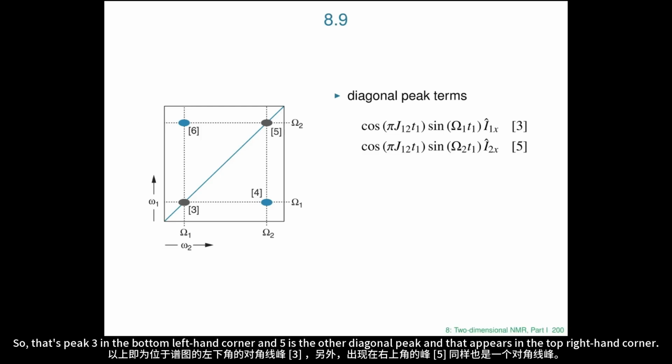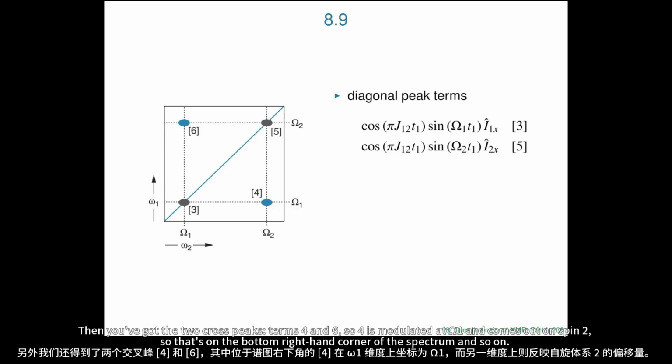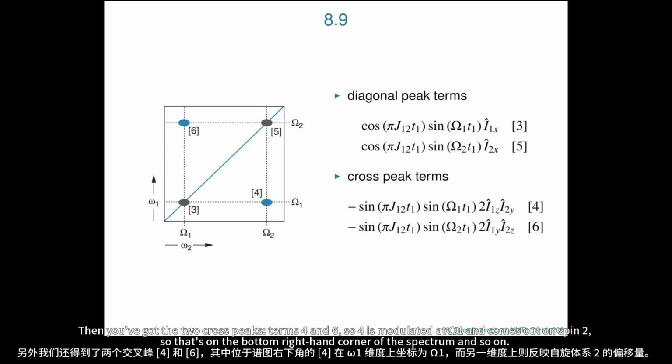So that's peak 3 in the bottom left-hand corner. And 5 is the other diagonal peak, and that appears in the top right-hand corner. Then you've got the 2 cross peaks, terms 4 and 6. So 4 is modulated at big omega 1 and comes out on spin 2. So that's on the bottom right-hand corner of the spectrum, and so on.